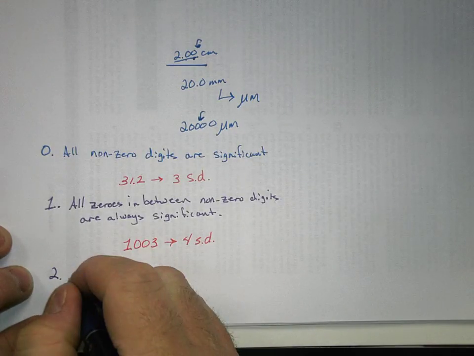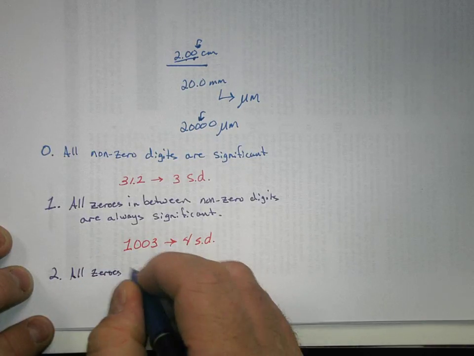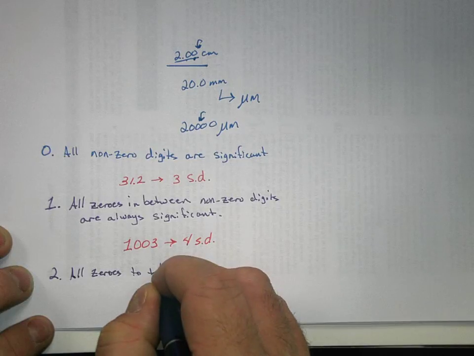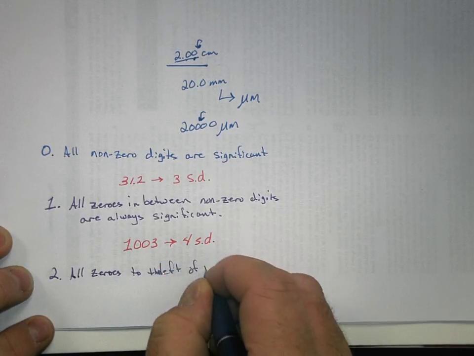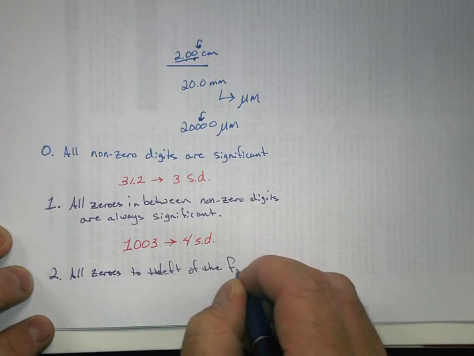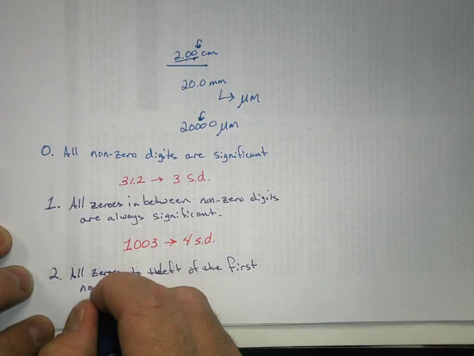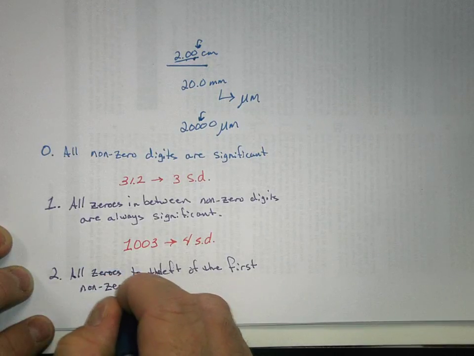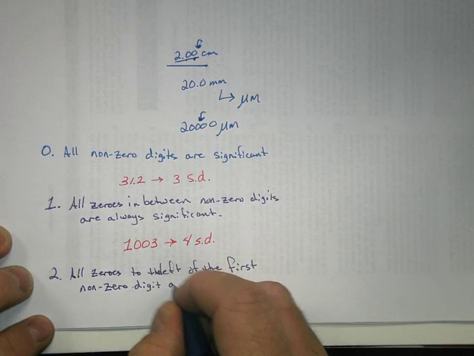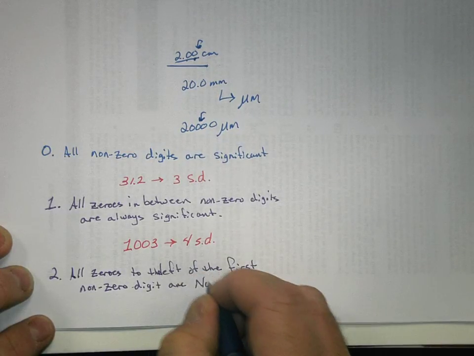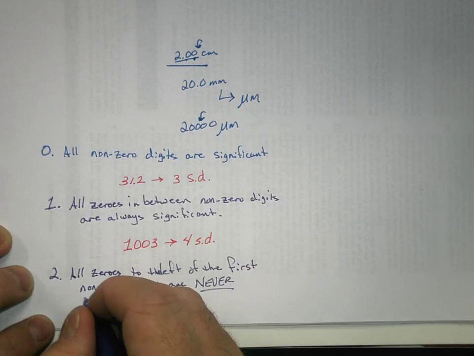All zeros to the left of the first non-zero digit are never significant.